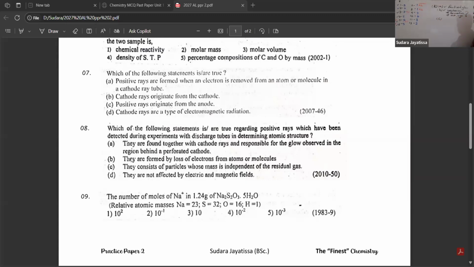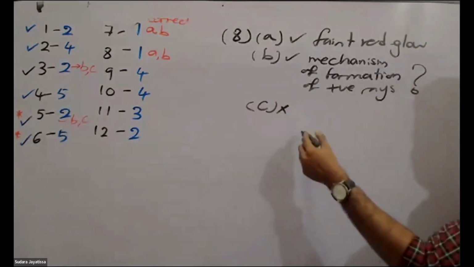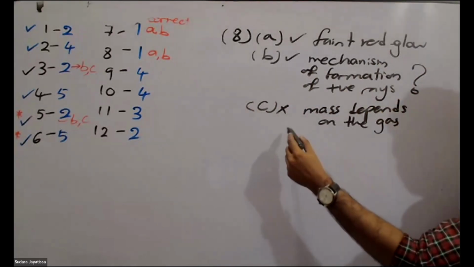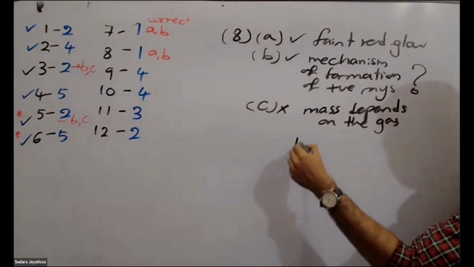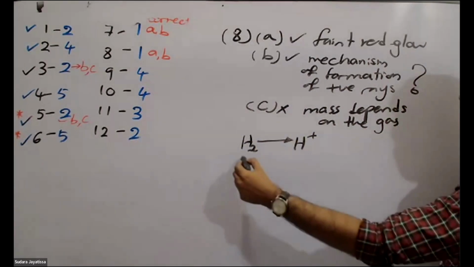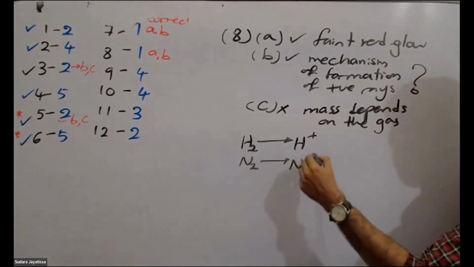Then C, they consist of particles whose mass is independent of the residual gas. That is wrong. Their mass depends on the residual gas. You can say mass depends on the gas. If you take hydrogen, then for hydrogen gas it is H plus. For nitrogen gas it is, let's say, N plus.